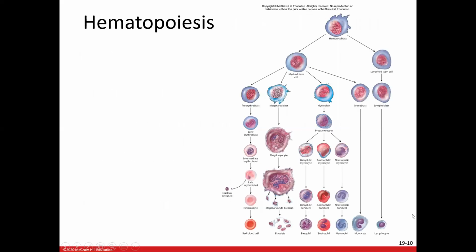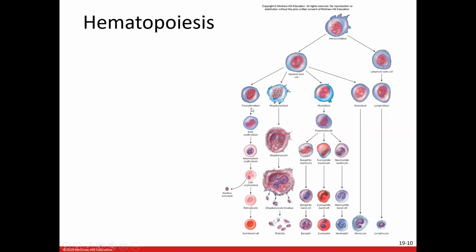And here's a quick diagram to show you all the differentiation that occurs with your blood cells. So you don't need to know this whole thing, but just to point out some key features, all the cells originate from this cell up here called a hemocytoblast. Remember, blast means immature cell. And then that hemocytoblast differentiates into those 5 precursor cells.